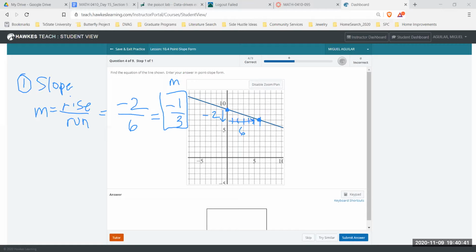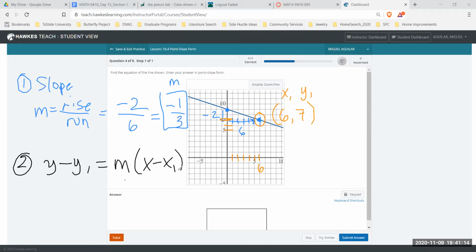And then if you're particularly fond of this point right here, and you notice that that point is 1, 2, 3, 4, 5, 6, and then it's up 5, 6, 7. So this is 6, 7. We can call that x1 and y1. And then the second part of this problem is just to find the equation, right? So the equation is going to be y minus y1 is equal to m times x minus x1.